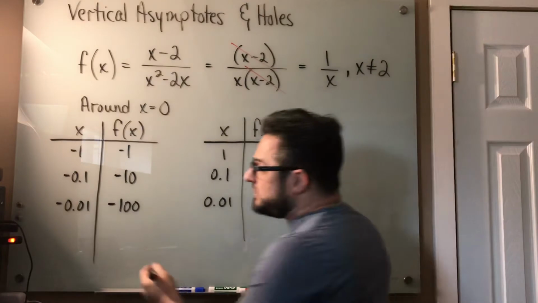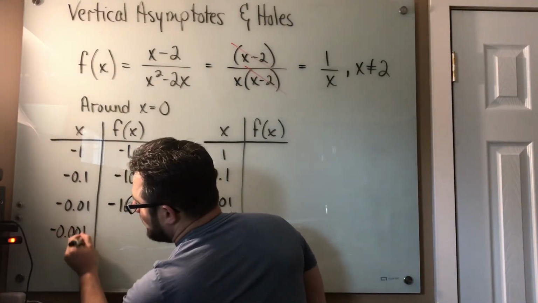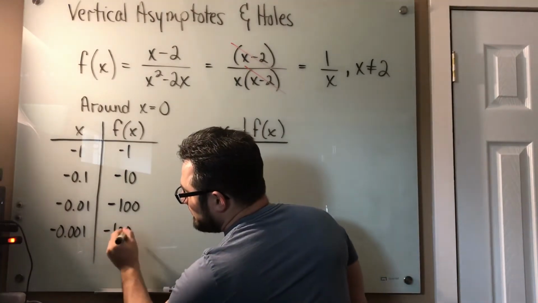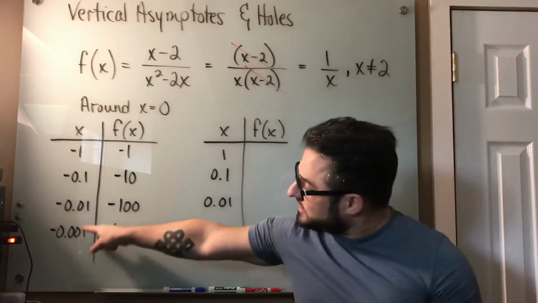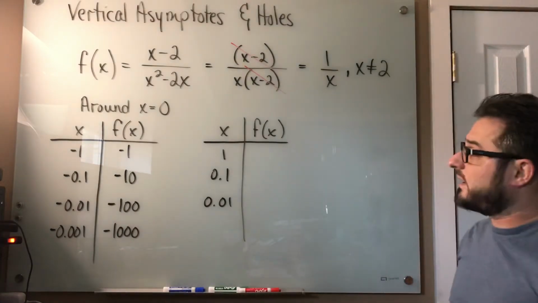If we were to continue this and go to -0.001, the output value of the function would be -1000. So the closer we scooch in to 0, the bigger in magnitude this output value is going to be.